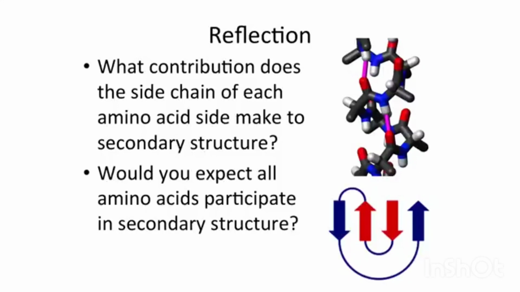Again, I urge you to look at the videos on the alpha helix and beta sheet because they can rotate them in 3 dimensions, and I think it enhances your ability to see and understand and think about these structures, which are very important really for the rest of this course and into all of biological sciences.